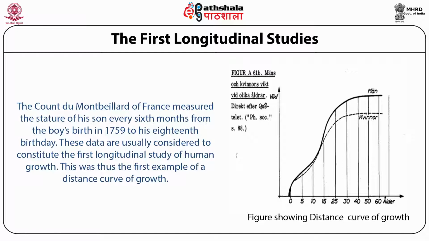Quetelet was the first researcher to make use of the concept of the normal curve, which today is commonly called the normal distribution or bell-shaped curve, to describe the distribution of his growth measurements, and he also emphasized the importance of measuring samples of children rather than individuals to assess normal variation of growth.